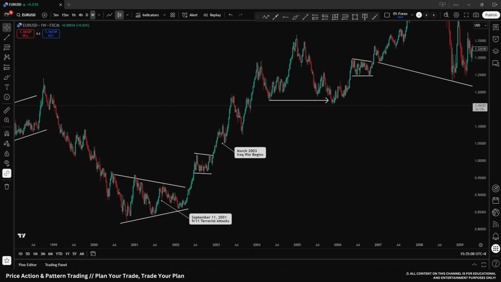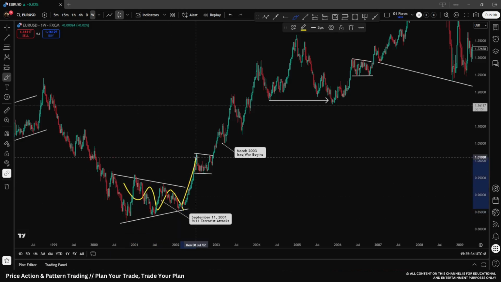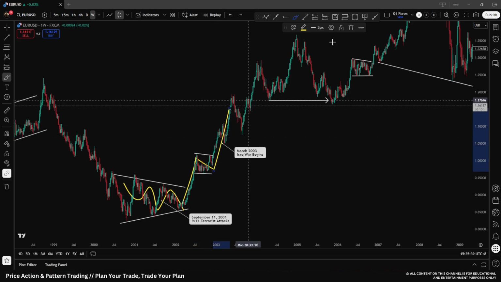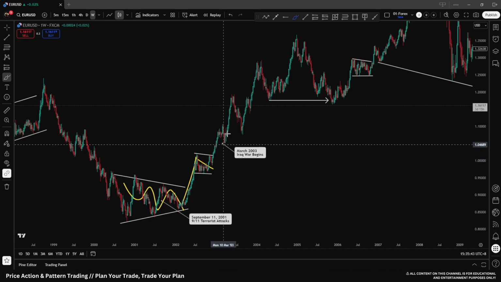And after these attacks, we had a global economic uncertainty. And you can see here, after this corrective reversal pattern, we had this impulsive move, a correction, and a next impulsive move. And then the next impulsive move was basically confirmed again here.